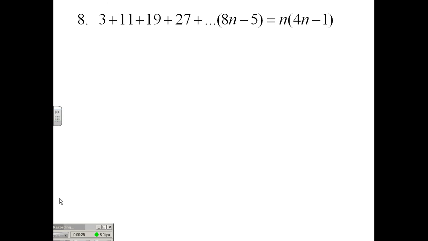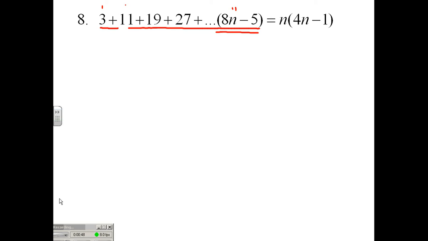We've been studying this sequence of numbers where this is what I would refer to as our term generator, 8n minus 5. For instance, if n is 1, I get 8 times 1, 8 minus 5, 3. And if n is 2, I get 16 minus 5, 11.